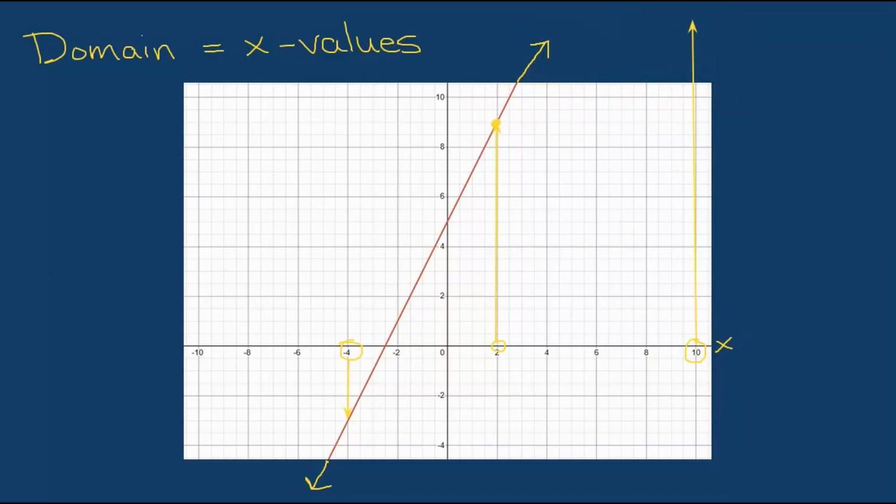That means that no matter how high I go up on the x-axis, all the way to infinity, I'm going to be able to find the line.